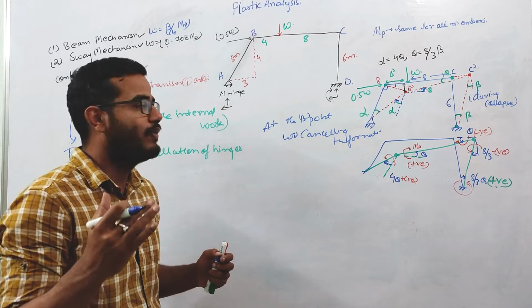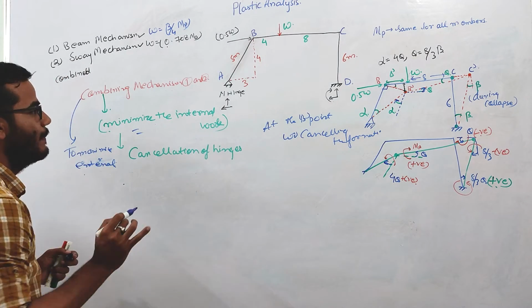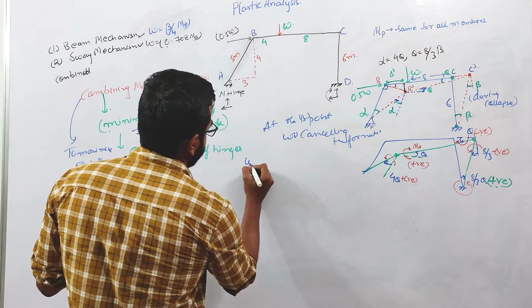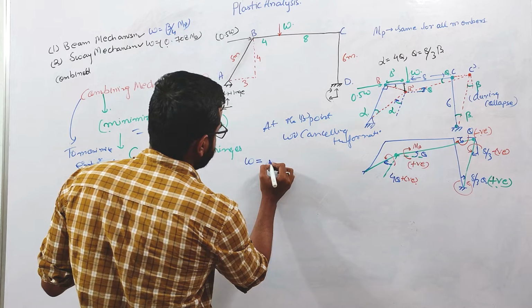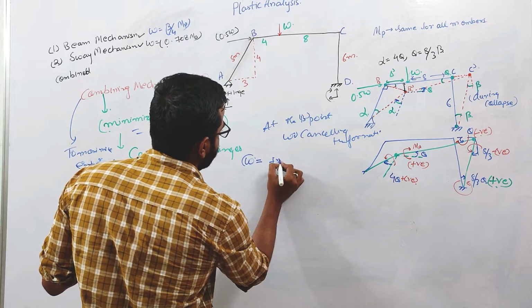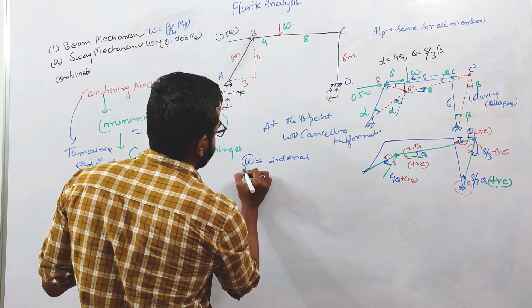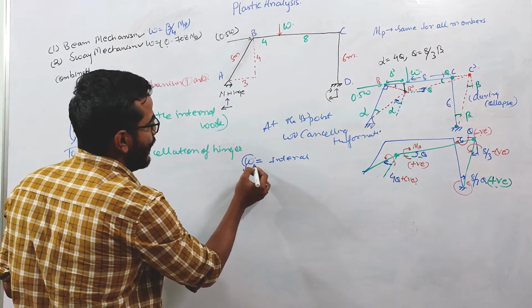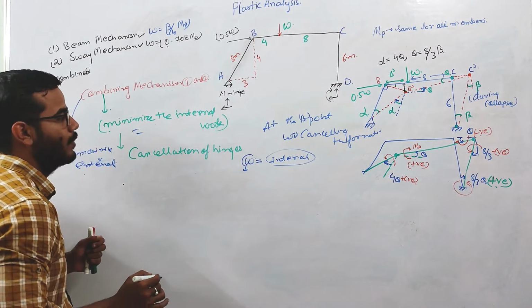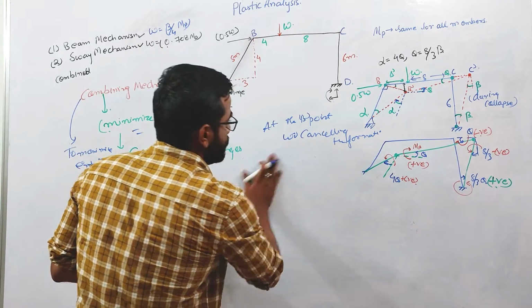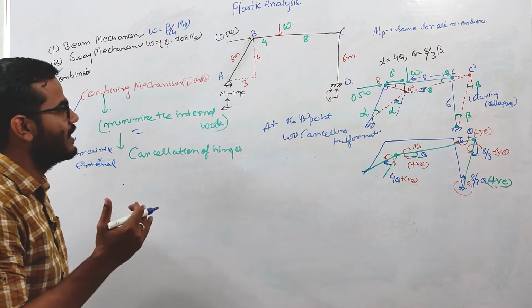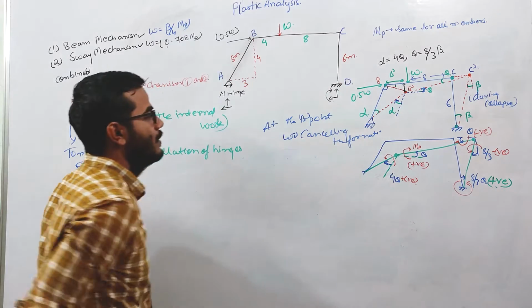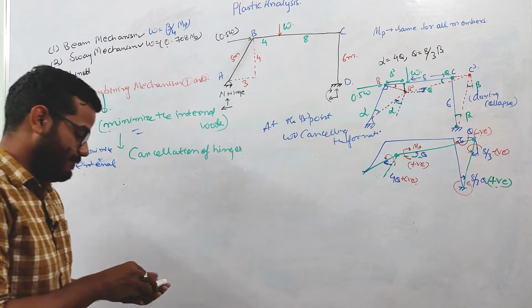We'll find the critical load when the internal work done is minimum, because external work done equals internal work done. So W will be maximum when internal work done is minimum. So we will combine mechanism 1 and 2 in such a way that the plastic hinge won't form at this B point, right?